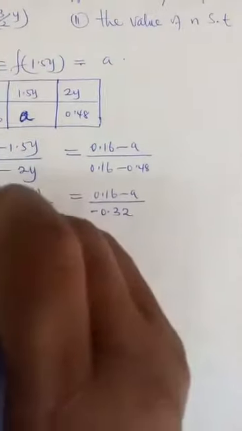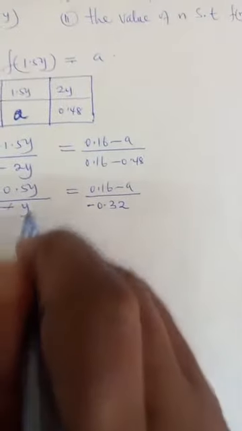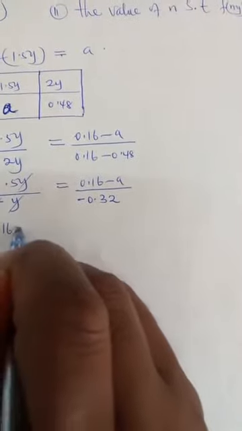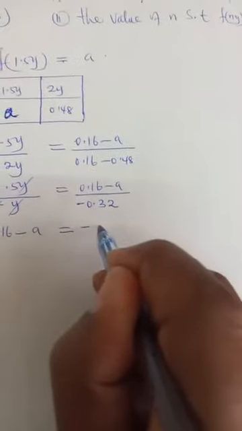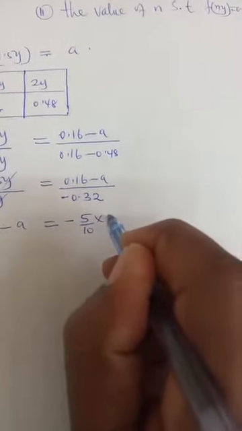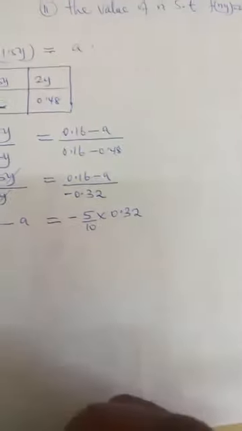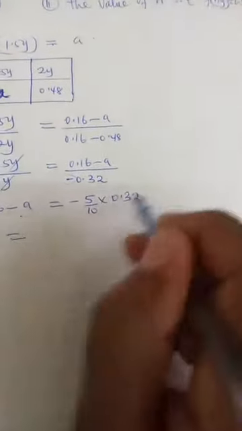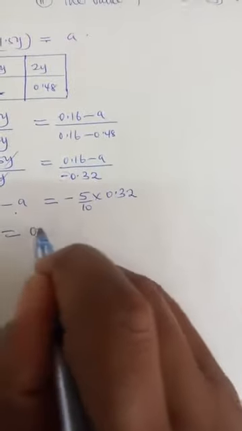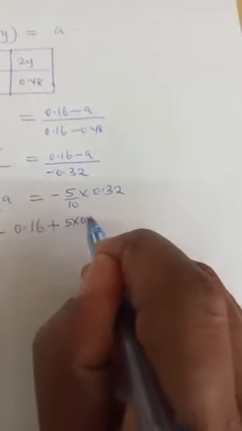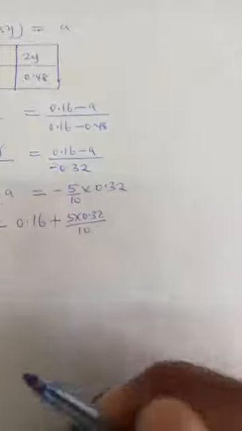Now the negatives here will die, and the y will die as well. So we shall get our 0.16 minus a being equal to minus 5 out of 10 times 0.32, because the 0.32 goes there as a minus. So our a, if I took it the other side, will be equal to 0.16 plus, because a comes there and this comes there, 5 times 0.32 over 10.